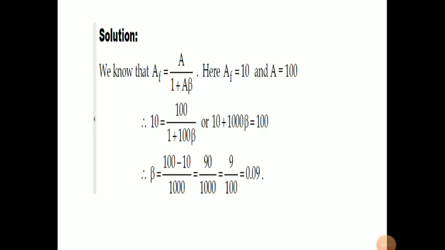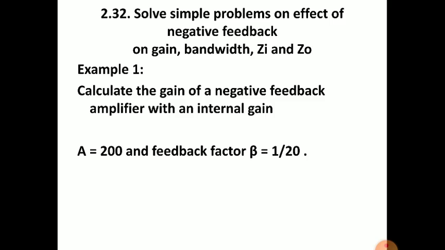So these are the simple problems used to calculate the gain, bandwidth, input impedance and output impedance. Of course we have seen only the gain and feedback factor beta problems.